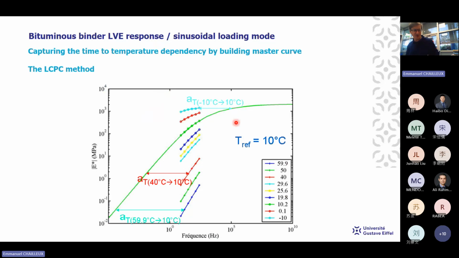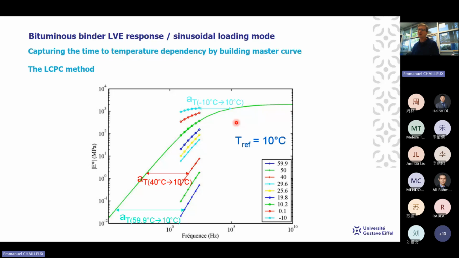So after this example showing the importance of the Black diagram to understand our material, I will try to explain a method to build a master curve only from calculation. Building a master curve works only for materials which obey the time-temperature superposition principle.